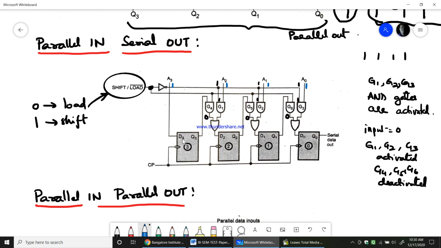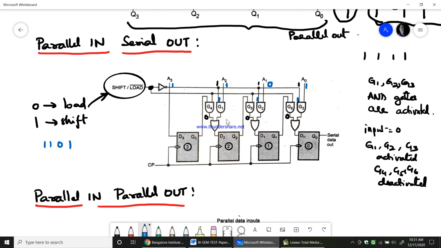A3 is given directly to D3, but A2, A1, A0 are given through AND gates. As G1, G2, G3 are activated, one input is 1 and the other is what you give for A0, A1, A2, so you get the same data at the output. For example, my input is 1, 1, 0, 1.